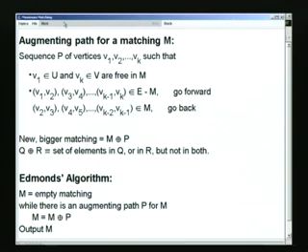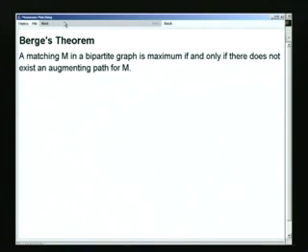So this possibility can be ruled out, and this is done by a theorem attributed to Berge. So here is what Berge's theorem says. Berge's theorem says that a matching M in a bipartite graph is maximum if and only if there does not exist an augmenting path for M. We will prove this in a minute, but I just want to persuade you that this is exactly the theorem that we wanted.